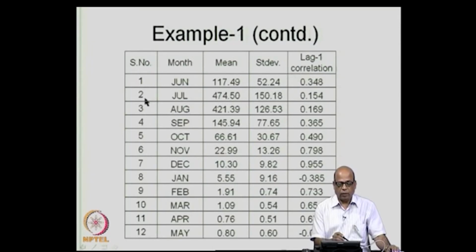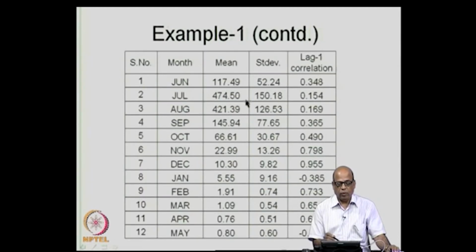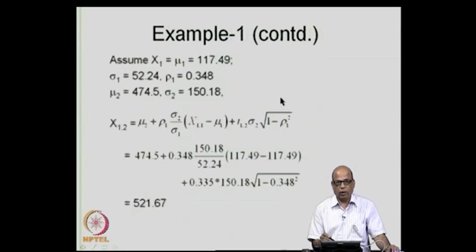You want to generate the second month's flow using the first month's flow, so your correlation will be 0.348. Similarly, because you are generating the second month's flow, you will use mu 2 is 474.5 and sigma 2 is 150.18.